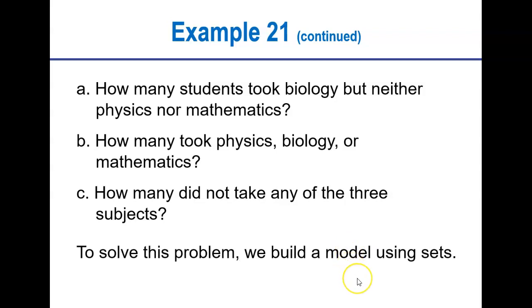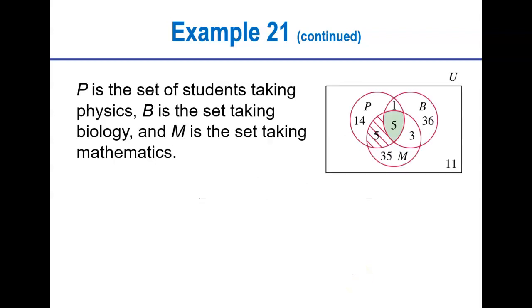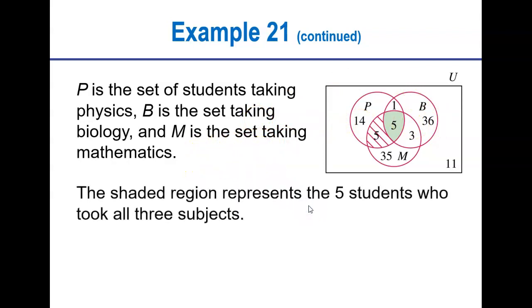Now, to solve this problem, we're going to build a model using sets. So, P is the set of students taking physics. B is the set taking biology. And M is the set taking mathematics. Now, the shaded region represents the 5 students who took all 3 subjects.